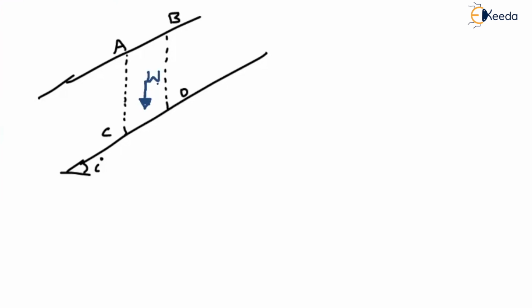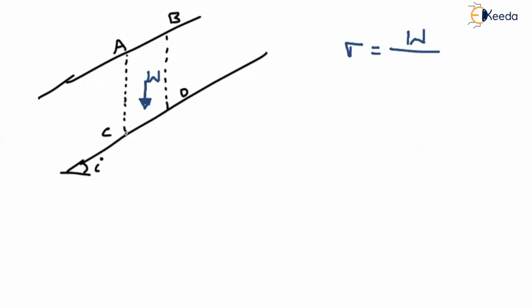If we know the weight of the soil, from this we can find out the stress acting on the plane CD. So let us say the stress because of the weight of the soil is represented by sigma. So we'll find the sigma. That will be equal to the force on the plane CD, nothing but the self weight W, divided by the area of the plane CD.